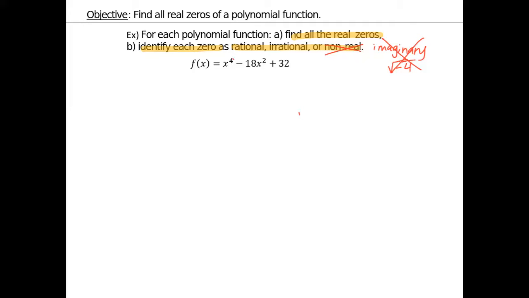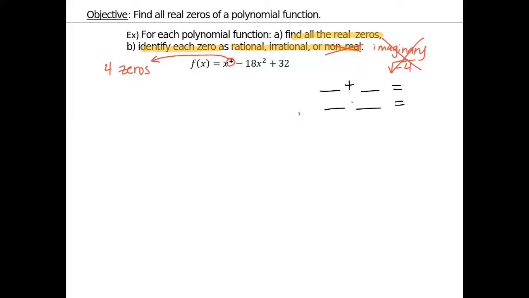So for the degree here, that's x to the 4th. That tells me that at the end, I should have a total of 4 zeros, okay? And so in order to find the zeros, I need to factor. And then in order to factor, I need to see if it's a trinomial or binomial. This is a trinomial, so I'm going to do blank plus blank and blank times blank.